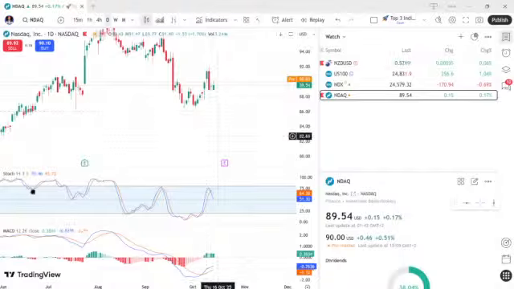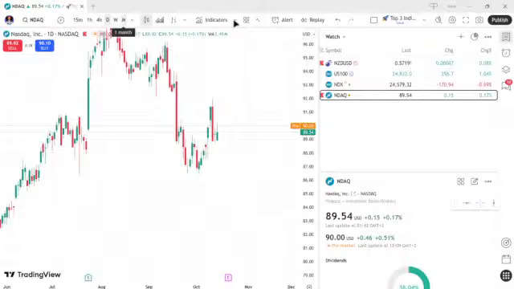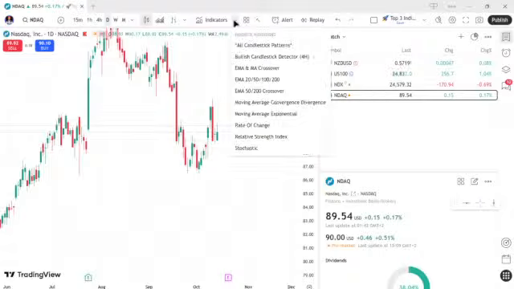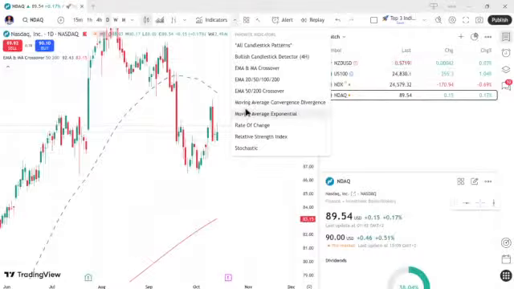I want to show you something else, something very interesting that I noticed, especially on the daily chart pattern. I want to show you something that maybe you could investigate when you have time. So I want you to check this out.